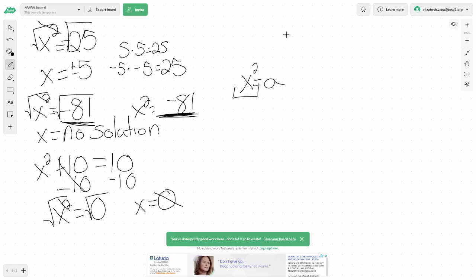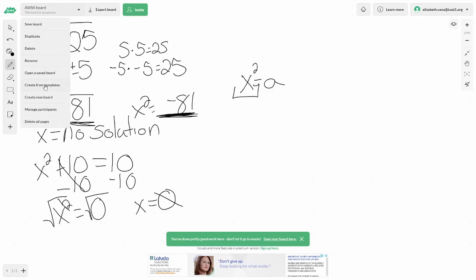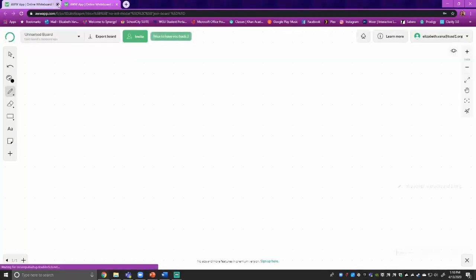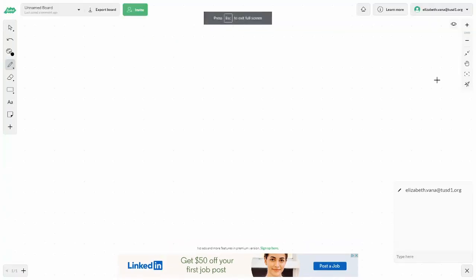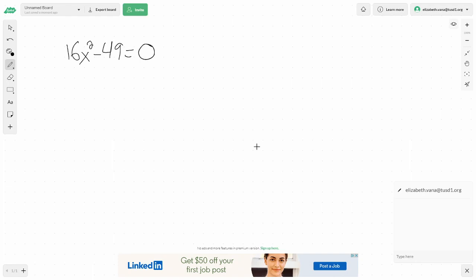Let's look at another example here. Start on a fresh slate. What if we had 16x squared minus 49 equals 0? Well, again, we need it in that x squared equals a format.